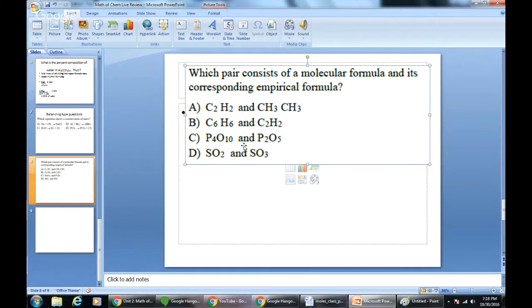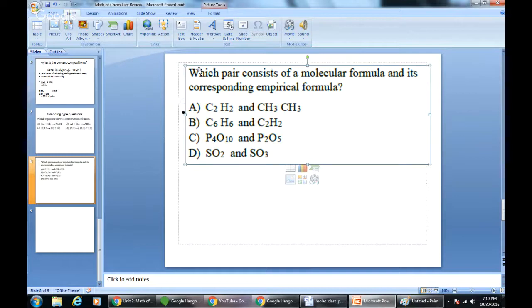B, C6H6 and C2H2. Can they both be reduced to something that's the same? I can reduce C6H6 to CH by dividing all of the subscripts by 6. So that becomes CH, empirical formula. C2H2, I can divide the subscripts by 2, and that becomes CH, which is the same empirical formula as the first one.